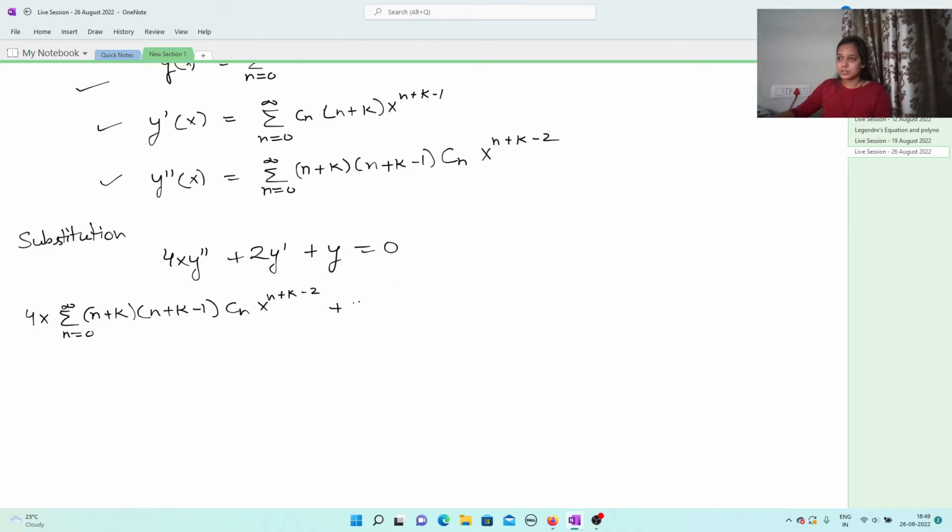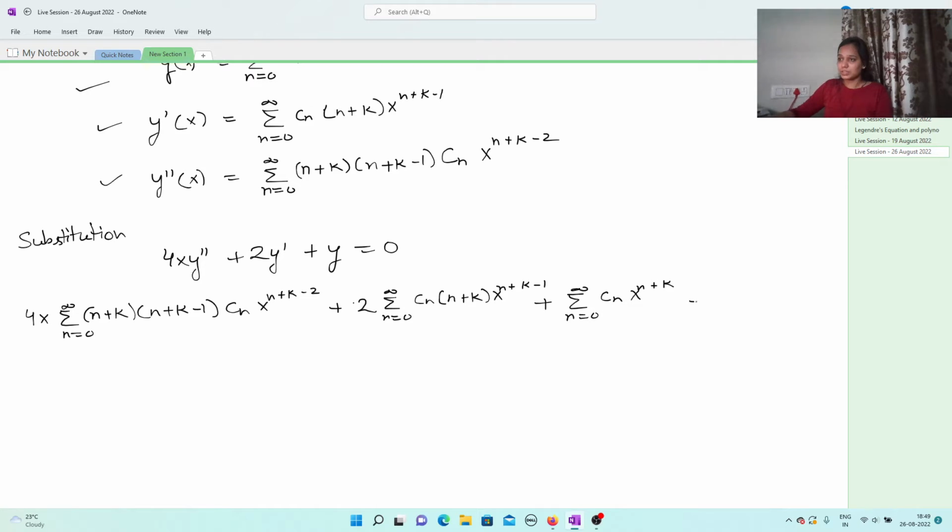And then it's 2y dash. So 2 summation n equals 0 to infinity Cn (n plus k) into x to the power n plus k minus 1. And then y, which is summation n equals 0 to infinity Cn x to the power n plus k.